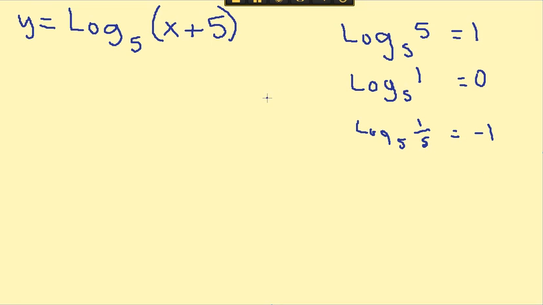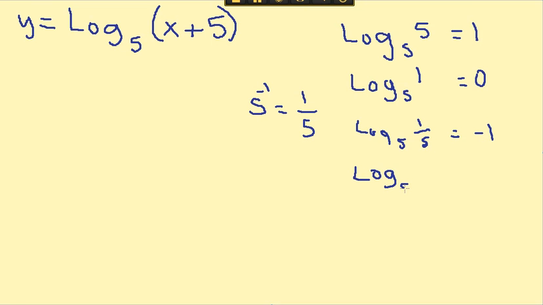Why? 5 to the negative 1 power, the rule, is 1 over 5 to the 1. Well, there's your rule here. That's why this is negative 1. So remember, if you have the reciprocal of the base in a log function, it's just going to be negative 1. Notice what I have here.